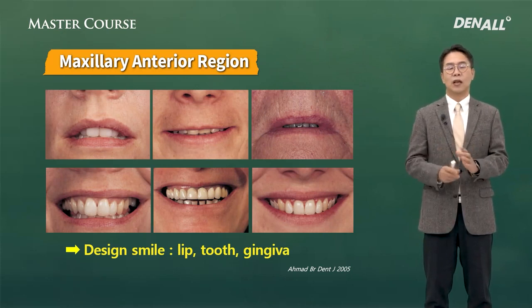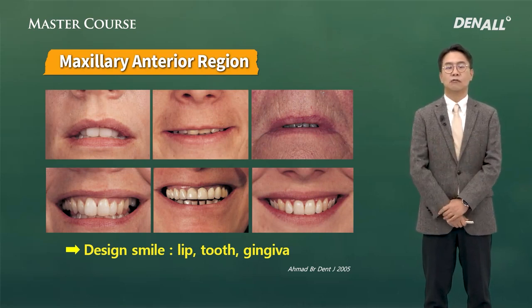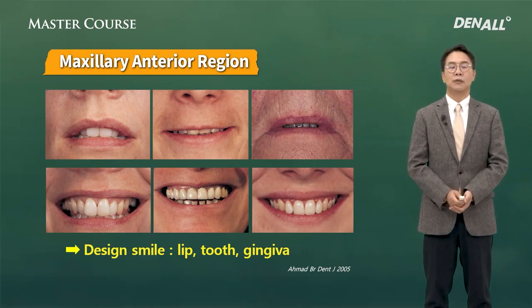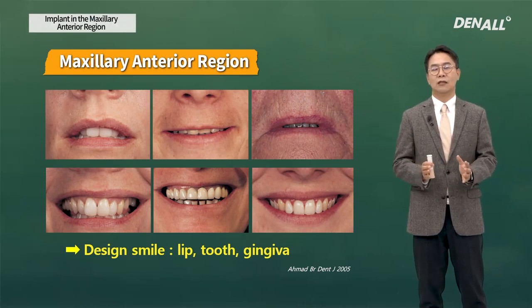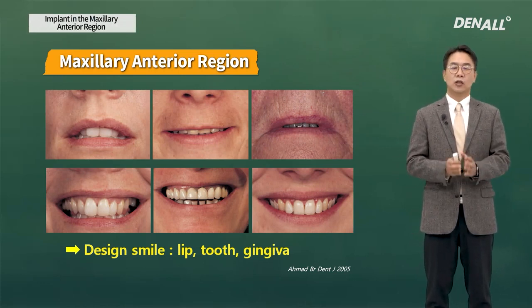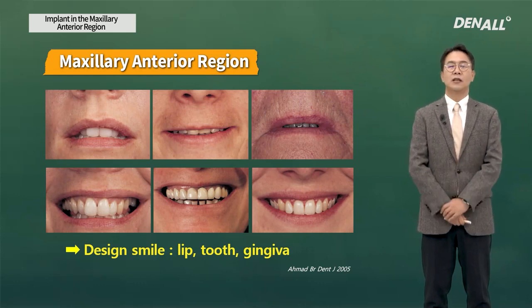We actually overlook the lips. The lips are very important in determining the aesthetics of the upper anterior. This is a very broad subject to address in a short period of time, so I'm going to focus on teeth and gingiva in this lecture.